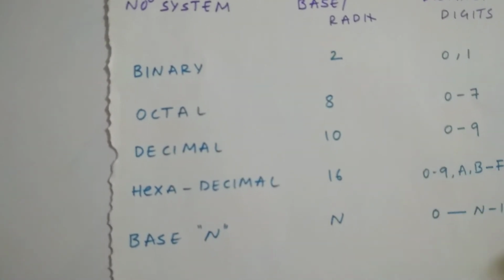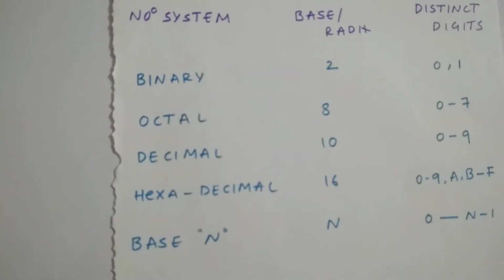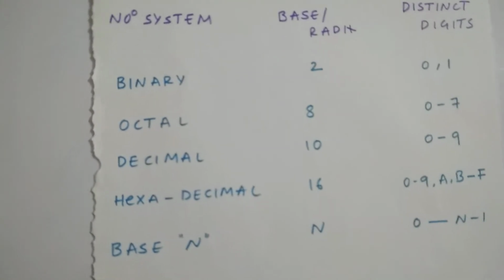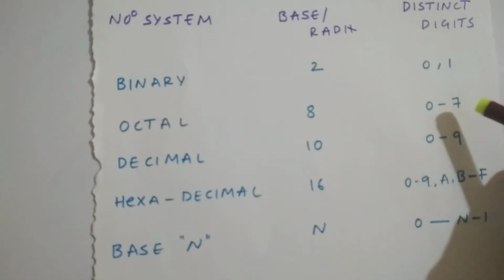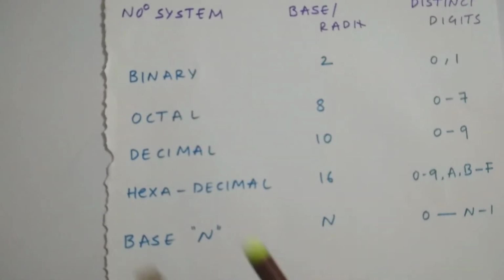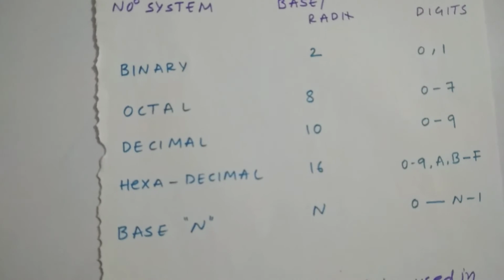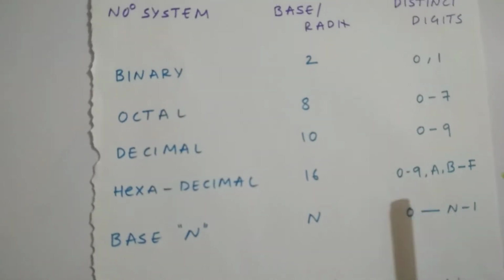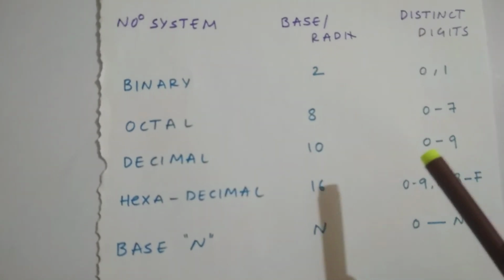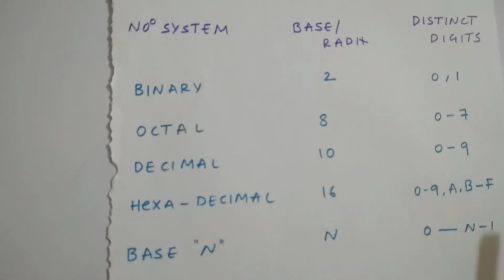What is meant by octal? Octal means it's base 8. That means the number of distinct digits is 0 to 7, 8 digits. As we know, the decimal number system we use normally in our day-to-day life has 10 distinct digits, 0 to 9. That means 10 is the base.